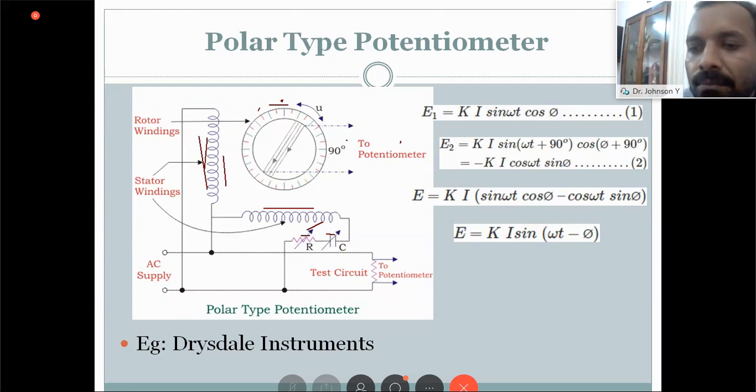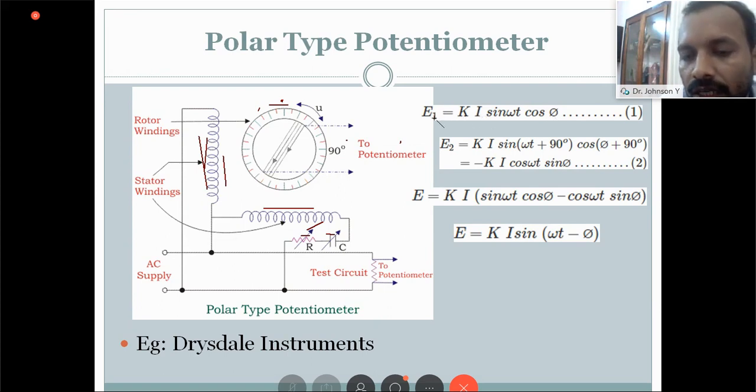And here some mathematical equations are important. Here E1 is the voltage induced in stator winding 1, this one. E1 is equal to K I sin omega t cos phi. Phi is the phase angle difference, the angle between voltage and current.